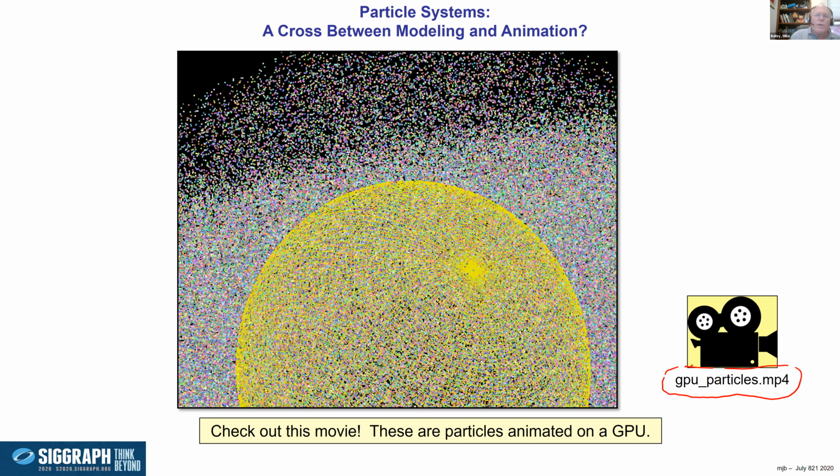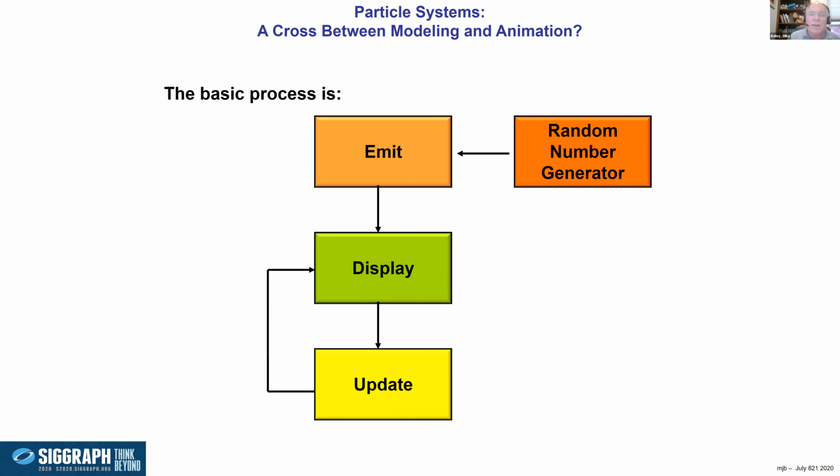You know, falling water, waterfalls, spraying water. Yeah. So the basic thing in a particle system, and it's really a simple set of steps, is you emit the particles, you display the particles, and then you have some way of updating the particles. What laws, what effect are you trying to update the particles with?